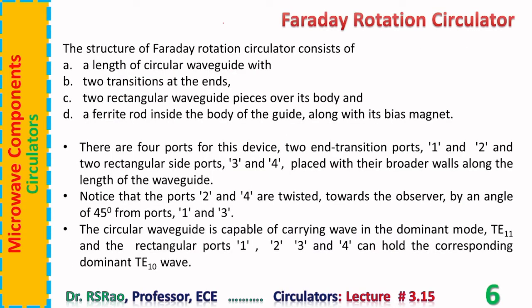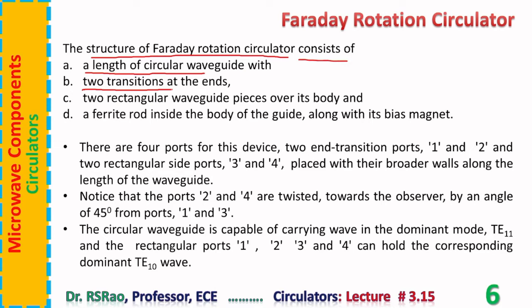Now we consider a Faraday rotation circulator, and try to understand how it is able to provide the functionality of a circulator. The structure of the Faraday rotation circulator consists of a length of circular waveguide with two transitions at the ends. Transitions are waveguide pieces with different openings. One opening is rectangular, another opening is circular.